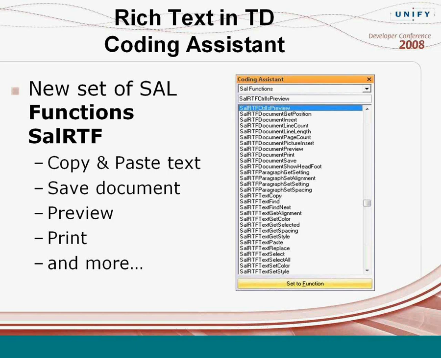So these are things that you want to do from your application side, dynamically and programmatically, instead of letting your end user do it from the runtime environment. The coding assistant has all those SalRTF functions enabled, and you can just double click and use them in your application.